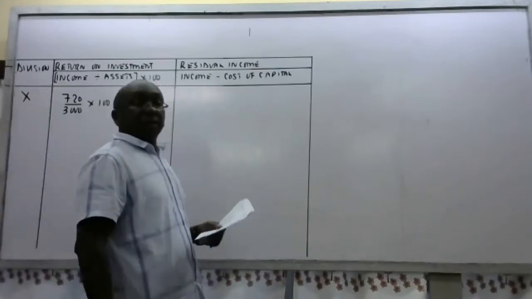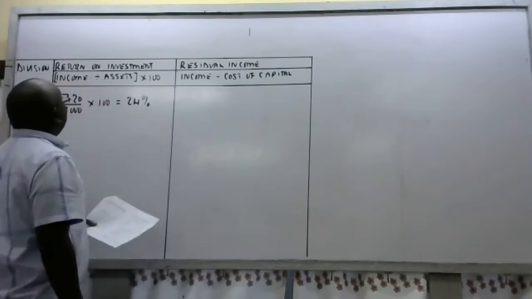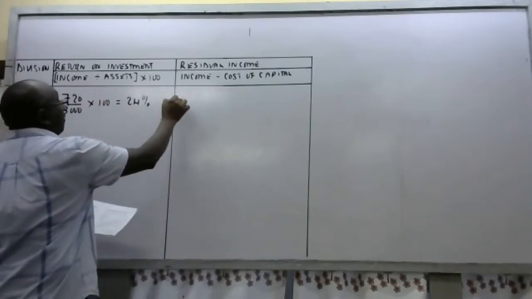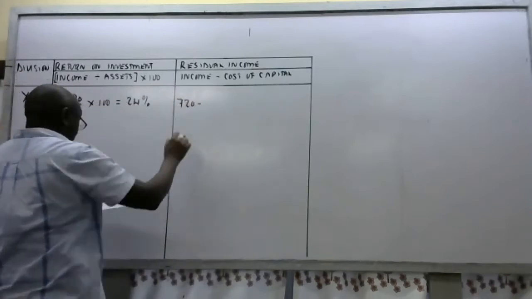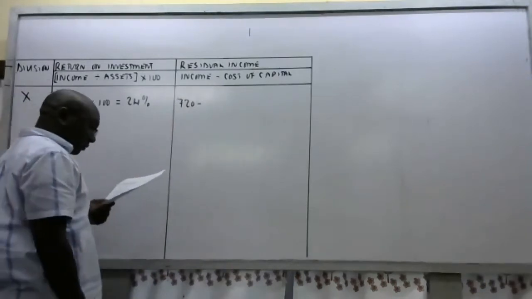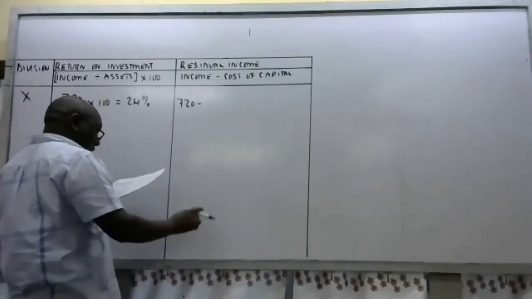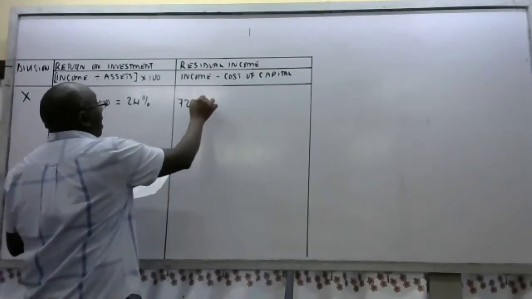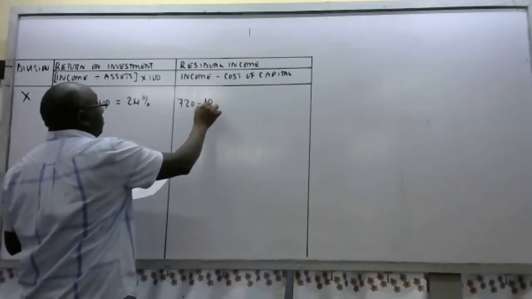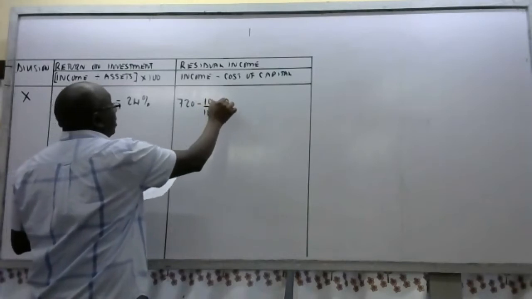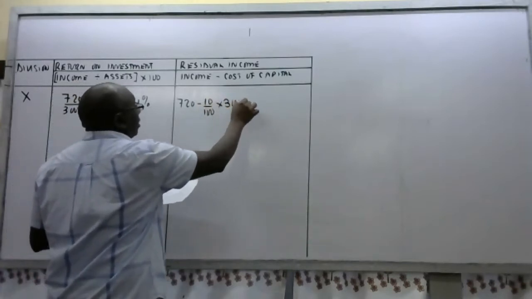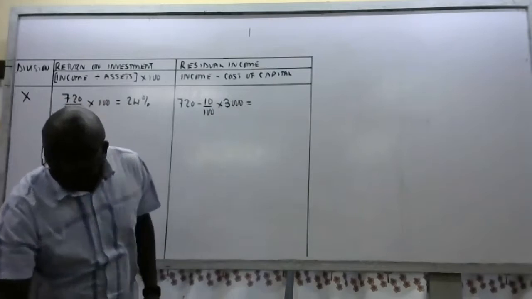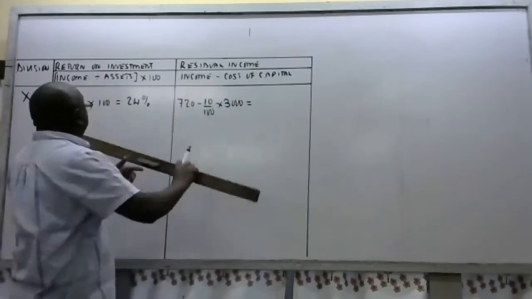Yeah, good. Then for the residual income, it is 720 minus the cost of capital, according to Roman 2 is 10%. So 10% of 3,000.